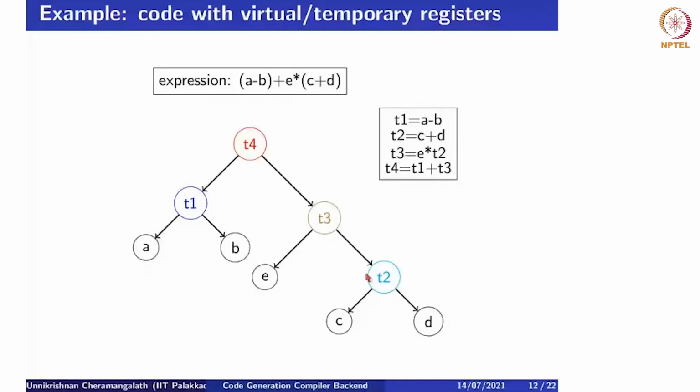T2 is a temporary variable; it could be a placeholder for a register. T1, T4, T3, T2: if you look at this, it can be done with 4 registers without much trouble. A minus B can be in one register, this T1 in one register, T2 in another, T3 in another, T4 in another. That's a very naive code generation, but you want the number of registers to be optimal.